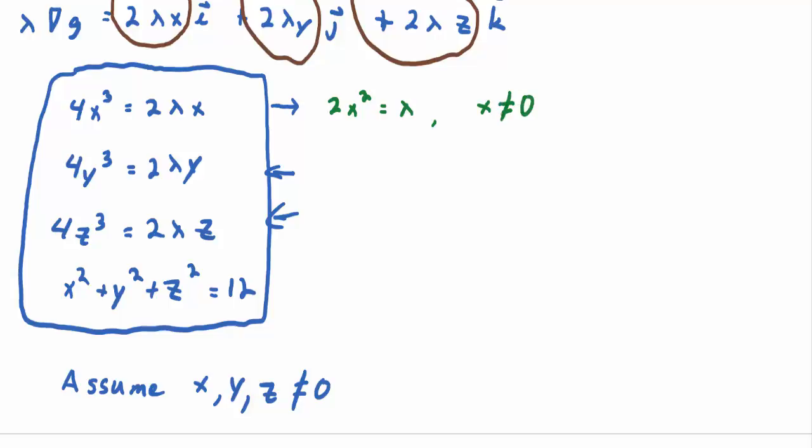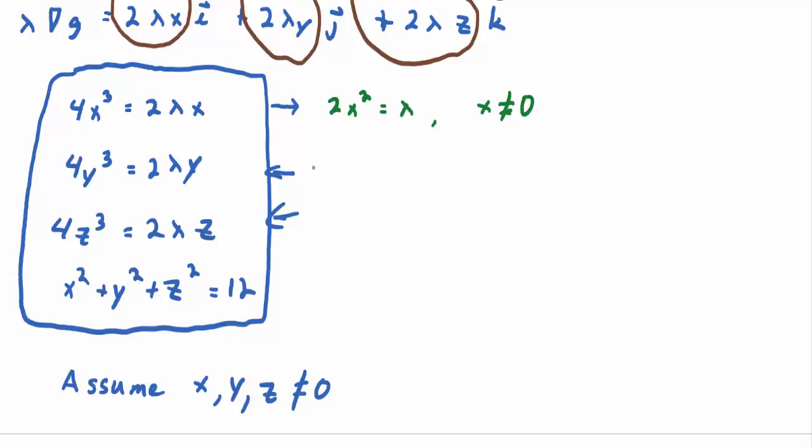Why is that so important? Because I just divided out an x. Am I allowed to divide by 0 if x is 0? No, I'm not. So I have to separately look at the case when x equals 0. I want to make that clear, because if you don't look at that, I think you end up losing your maximum value in this case.